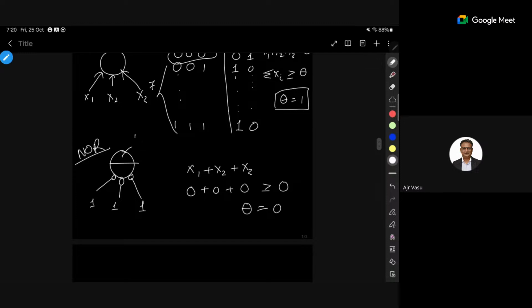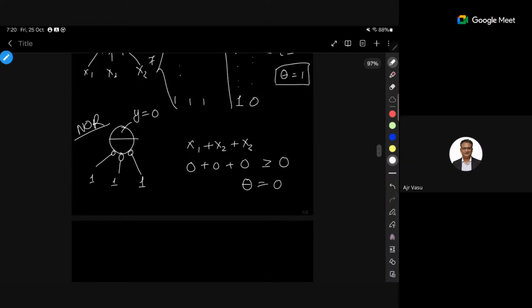So the threshold is basically set for excitatory inputs only. Threshold will be 0. So when is this output 1? Output is 1 when all the inputs are 0, right? Yes.